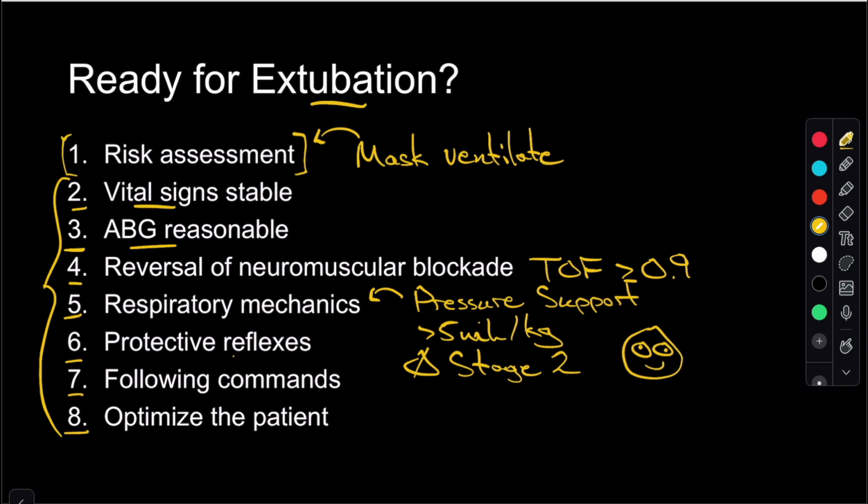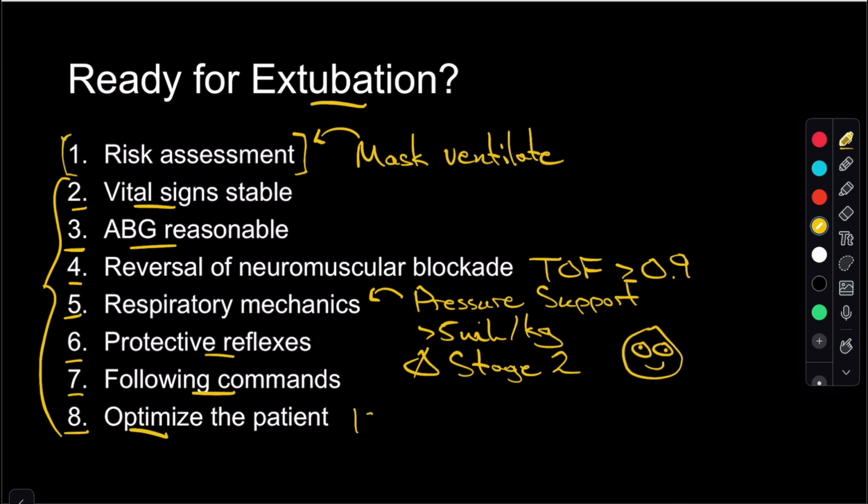And then make sure that they have their protective reflexes returned. That would be their gag reflex, swallow reflex, and coughing reflex. So if they're gagging or bucking while you're waiting to extubate, those would be indications that those reflexes have come back. If a patient can follow commands, then they should be able to protect their airway.